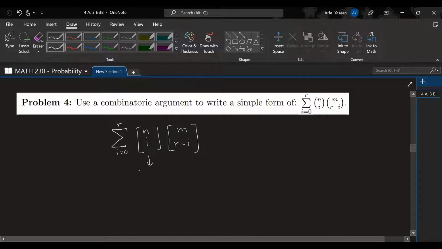Notice that we are choosing i objects out of n objects, right? And in this part, we are choosing r minus i out of m.